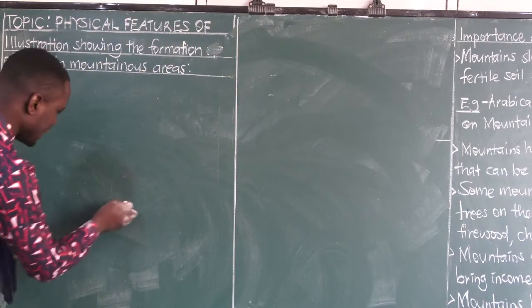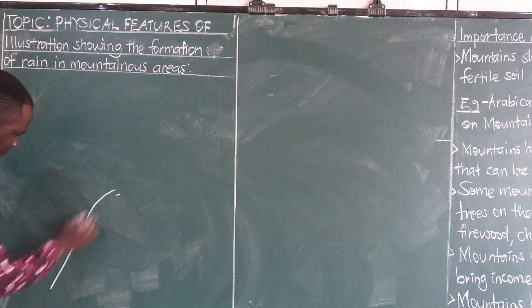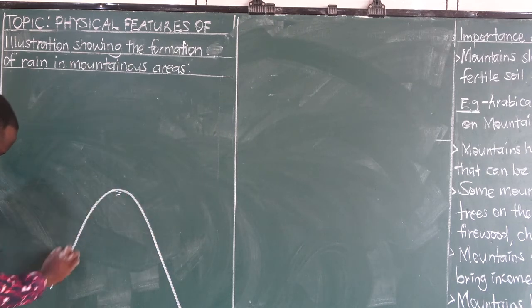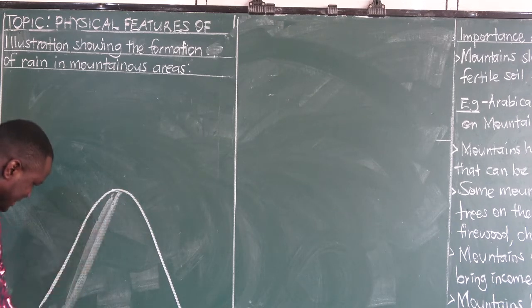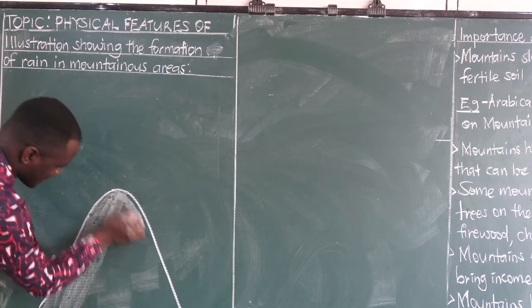So, in our illustration, we are going to have a mountain standing here. This can be Mountain Rwenzori, this can be Mountain Elgon, or any other mountain. So, our mountain is standing here.